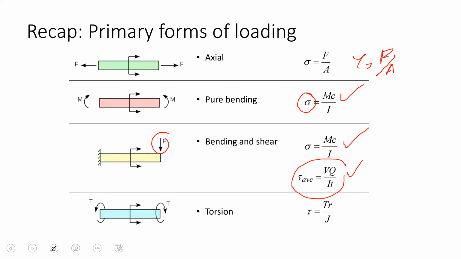So if we conclude it, this will be uniformly distributed against the cross section in pure axial loading.